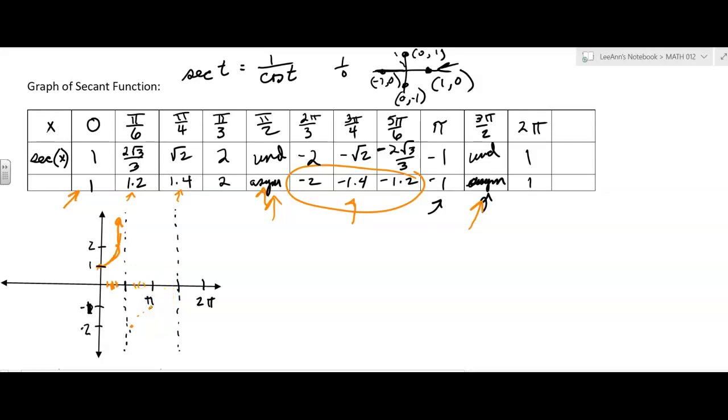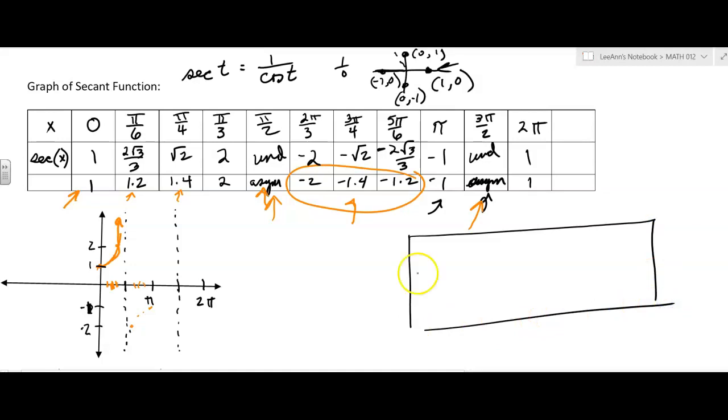Okay? Now, if I don't have the third quadrant on here, but let's say I did. Let's just do a little mini table of values here. So pi, we were at -1.